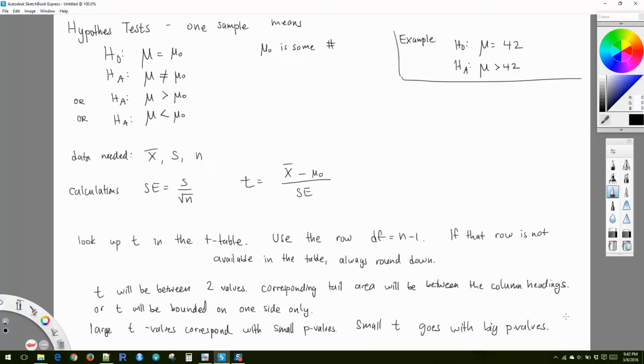If you have a large t, meaning extremely large positive or extremely large negative, so anything larger than 3 or 4, those are going to go with small p-values. Smaller t's, so t's less than 1 or 1.5, are going to go with large p-values. Those are good rules of thumb.